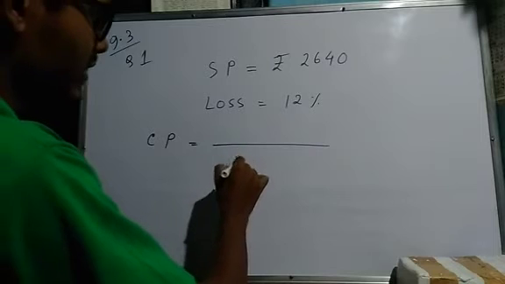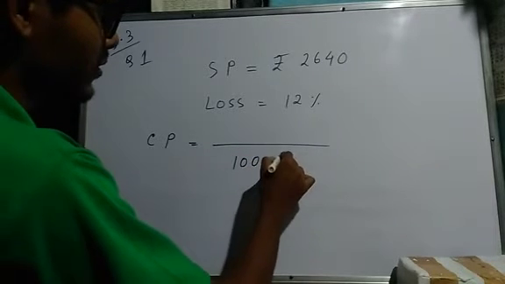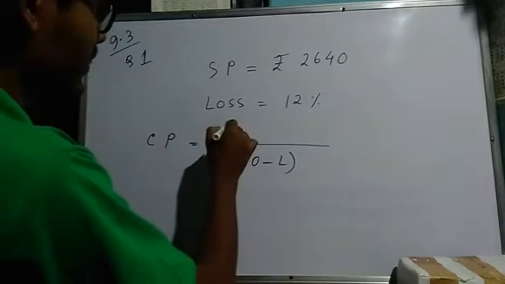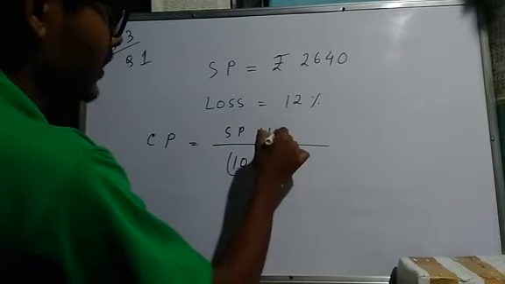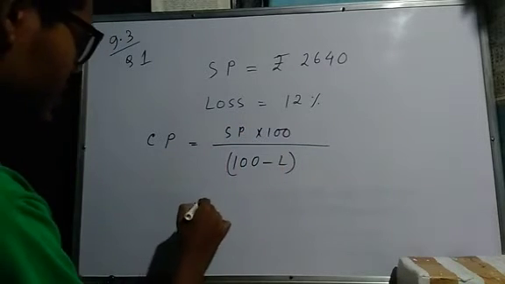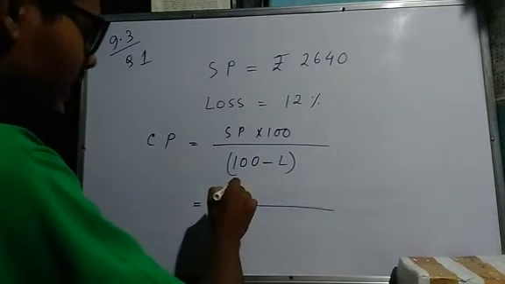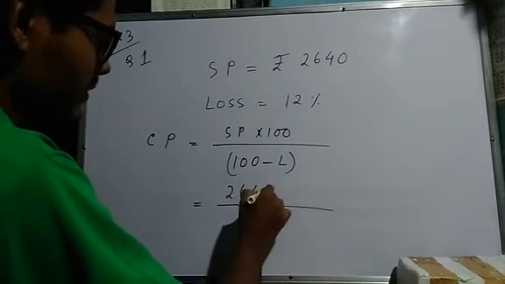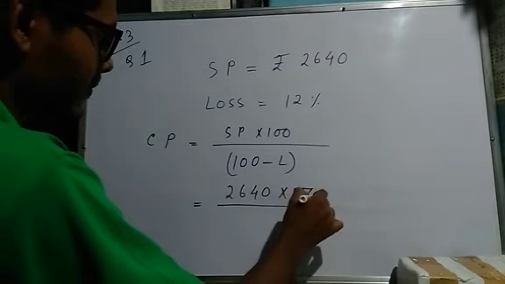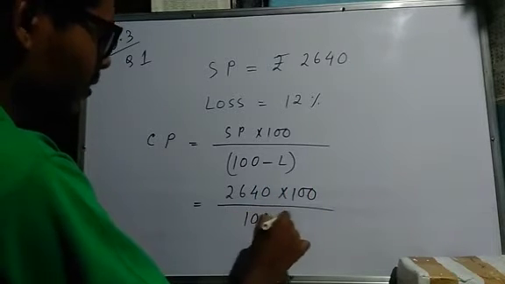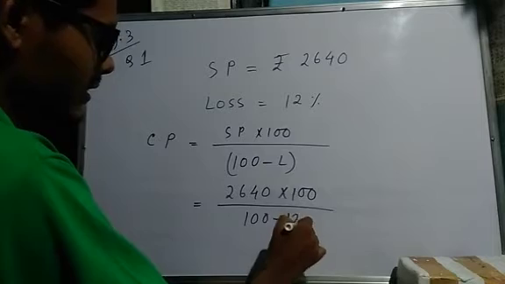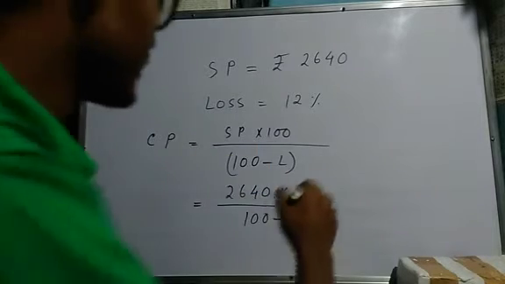Loss is given, so CP is SP multiplied by 100 by 100 minus loss. SP is given, 2640 multiplied by 100, and loss is given, how much? 12. Now you solve.